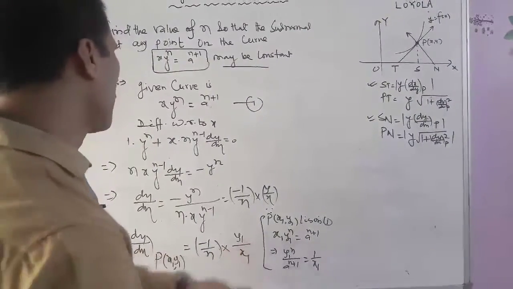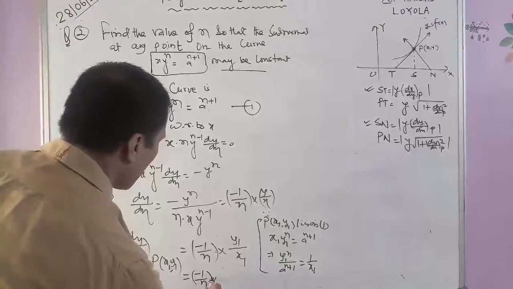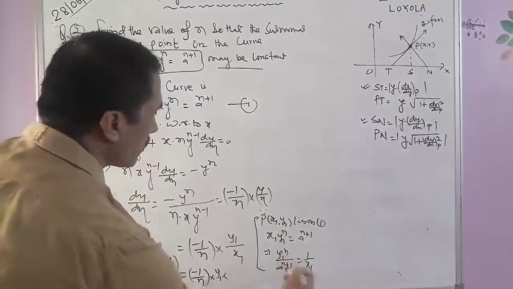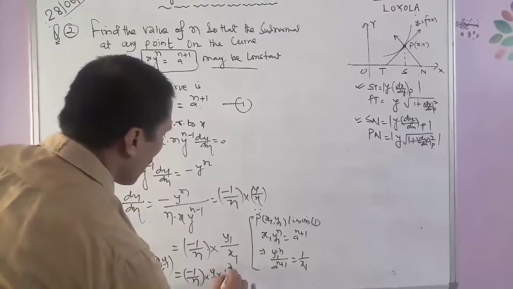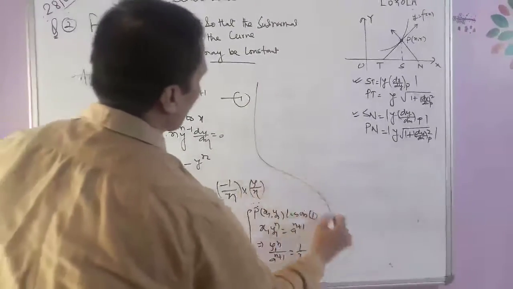We replace 1/x1 by y1^n / a^(n+1) in the expression for the derivative, which is minus 1/n times y1 times 1/x1.